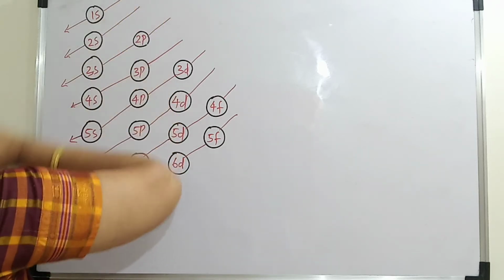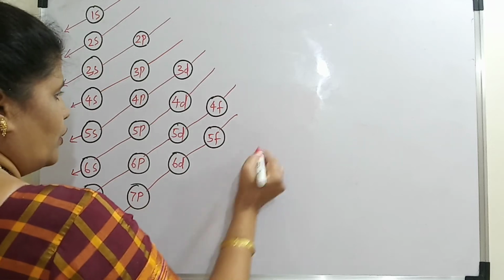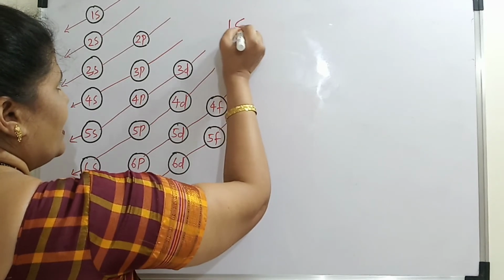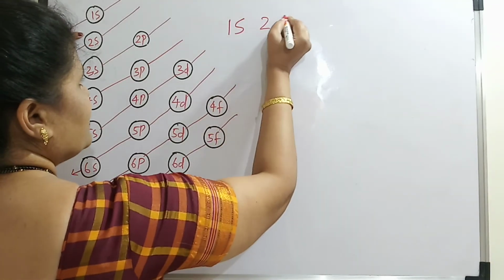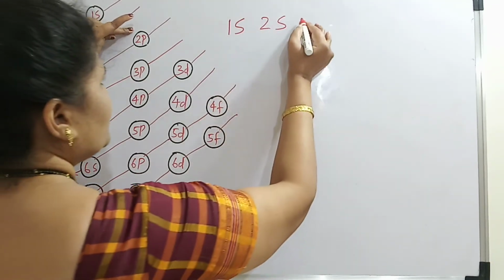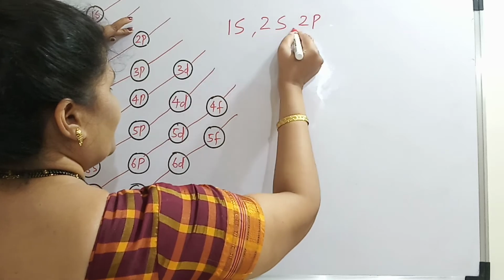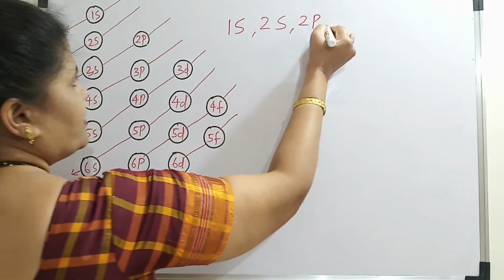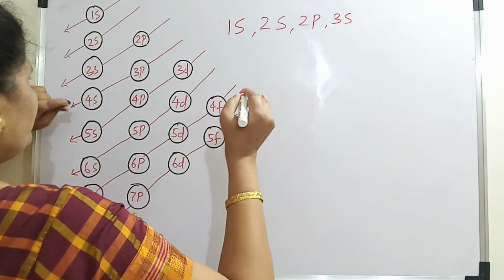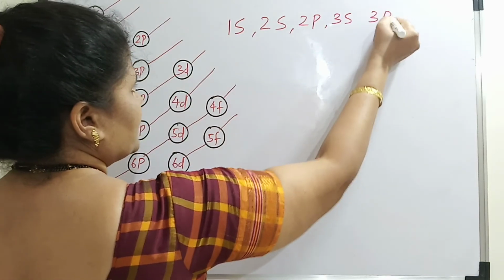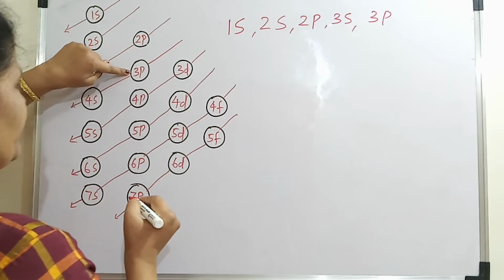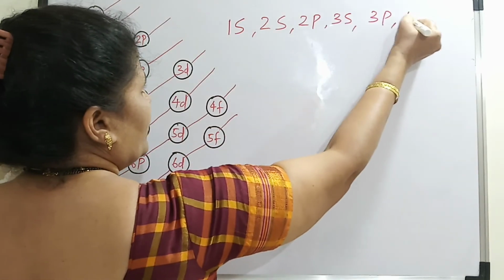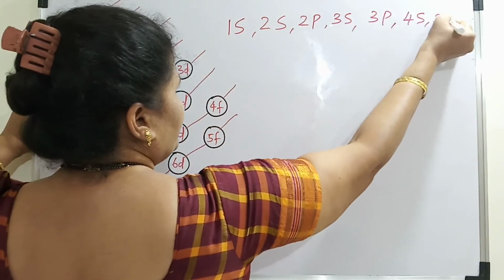This will be your 1s. So how will I fill the electrons? The sequence will be 1s, then 2s, then 2p, then 3s, then 3p, then 4s, then 3d.